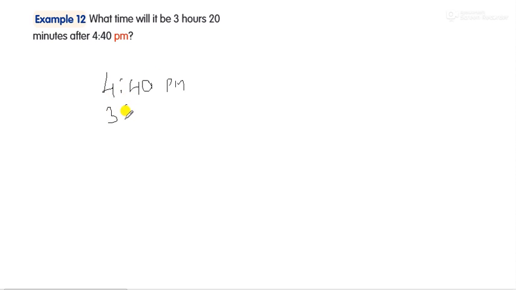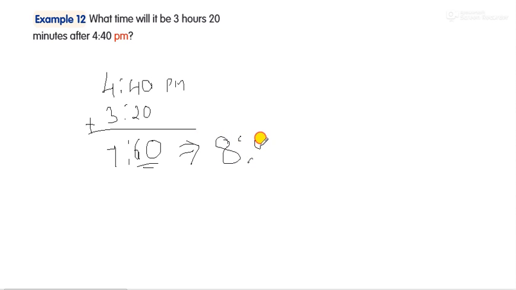Now 0 plus 0 is 0. 40 plus 20 is 60 minutes. 4 plus 3 is 7. So it's 60 minutes, so we have to convert these minutes into hours. So it is 8 o'clock, 8 p.m.